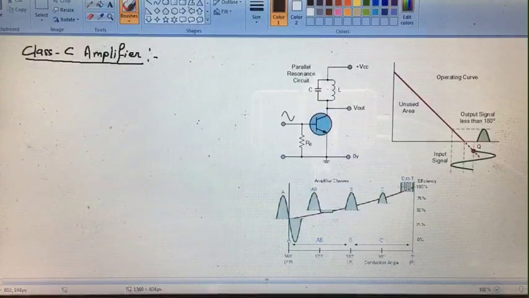The quiescent point is in the cutoff region but near the cutoff point. See here, this is your quiescent point. So, the response will be only for these parts of the input.